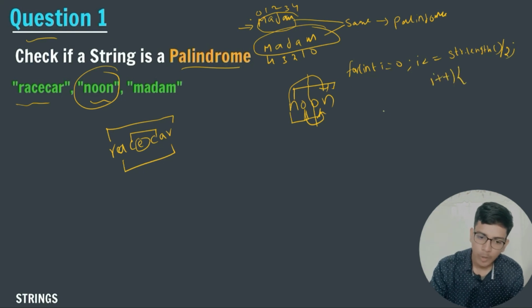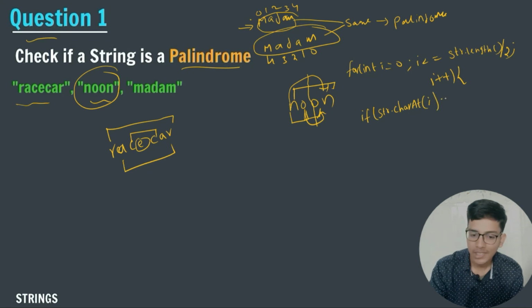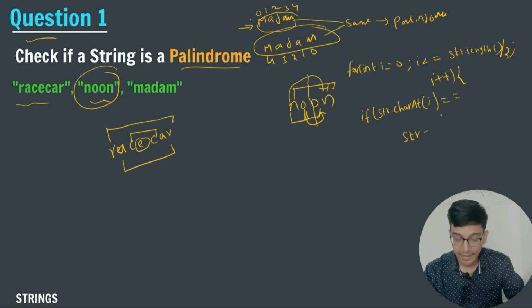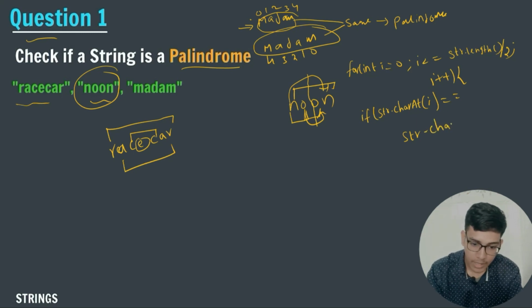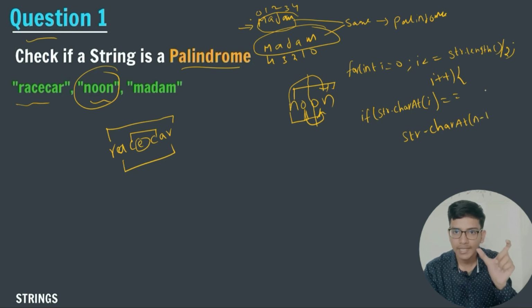In this loop, what am I going to check? If str.charAt(i) is equal to str.charAt(n minus 1 minus i), because the total size of the array is n, that is nothing but str.length.